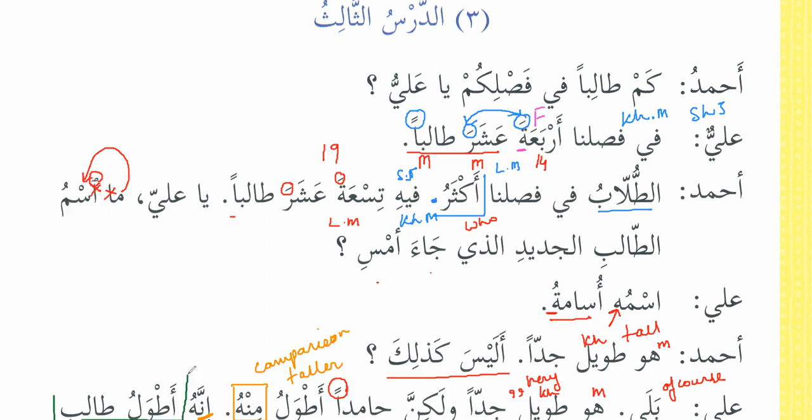So when you find an idafa, this structure is superlative. And what will be the translation? Tallest. But the scale is the same. Atwalu, atwalu. The structure is different. One is atwalu minhu. The other one is idafa. Atwalu talibin. Indeed, he is the tallest student.